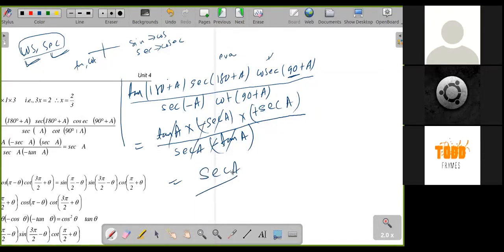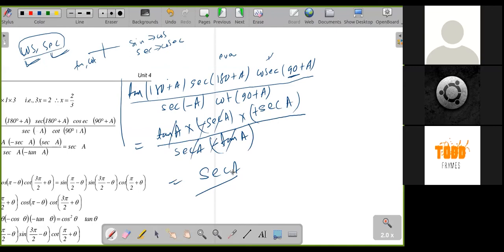I have a question. Any doubt? One question. Okay. Yeah, the sec a in the denominator was sec minus a, so it became sec a. In that condition, why does the numerator have minus sec a? Why did it not become sec a?